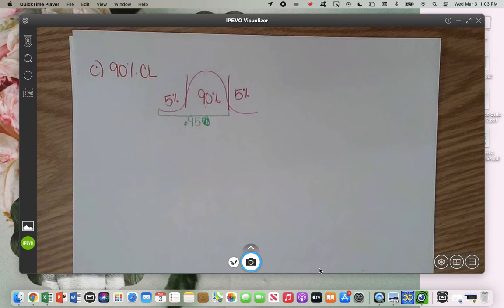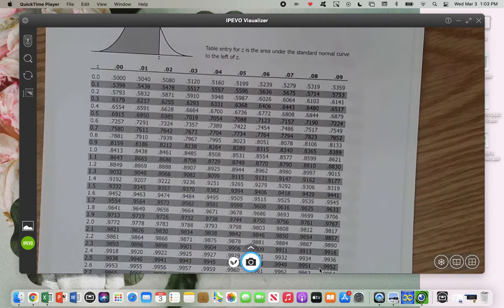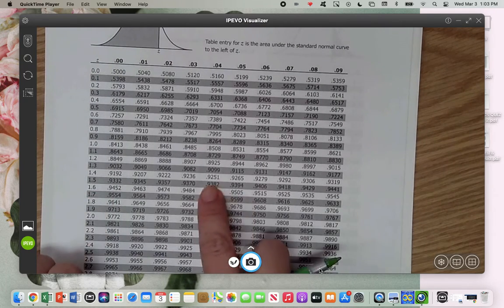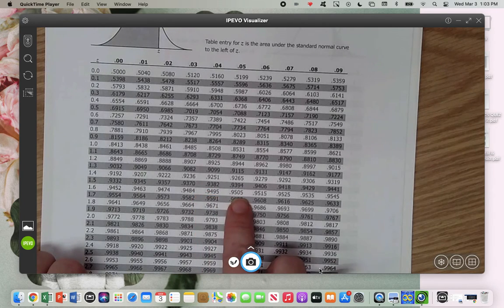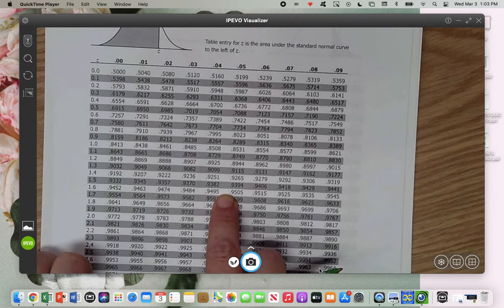It's 95%, but we're looking for proportions. They're never listed as percent. So we're going to try to find a perfect 0.95. Can we do it? All right, 0.95 would be, so we got a 0.9495 and a 0.9505. 0.950 would be smack dab in the middle of those.